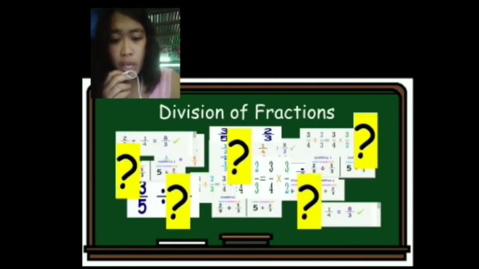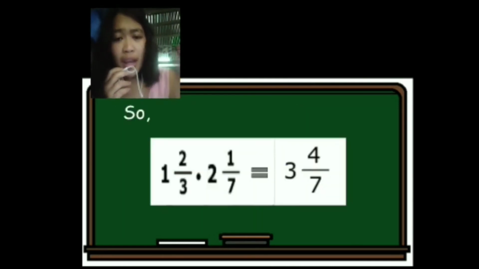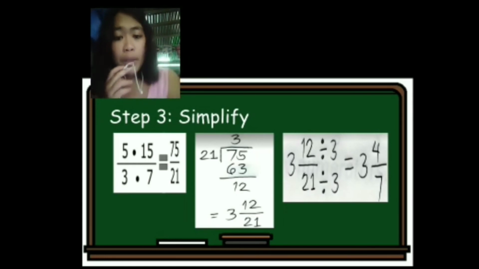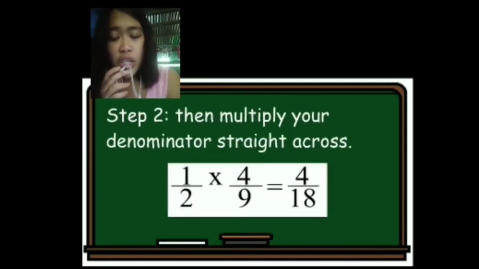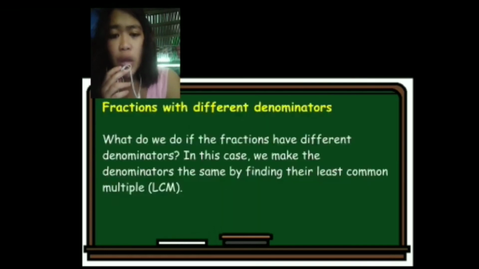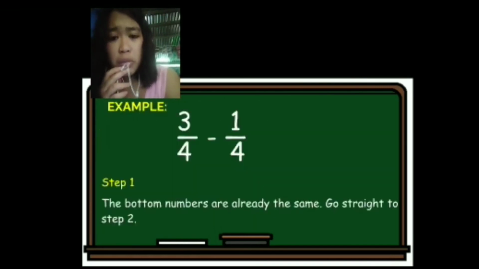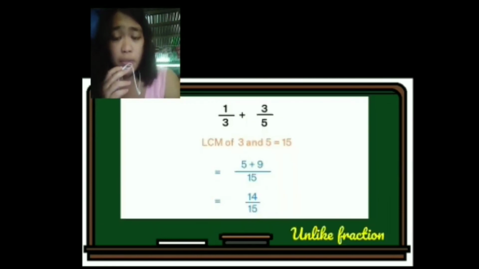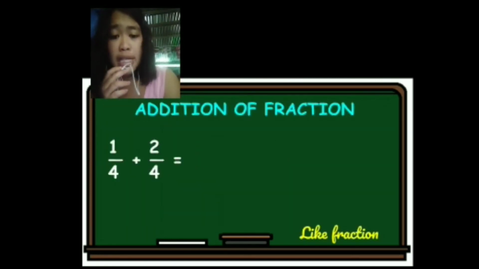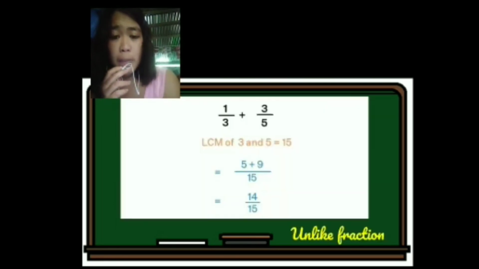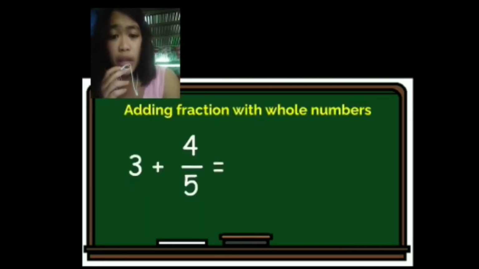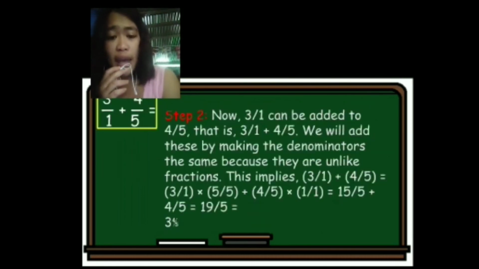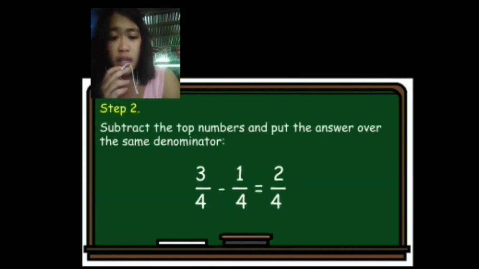Okay. And I think that's all about multiplication of a fraction, starting from the proper fraction, improper fraction, mixed fraction. So the most important thing we need to remember when we're going to solve this kind of problem is to follow the step-by-step process on how to get the answer of that specific given problem.